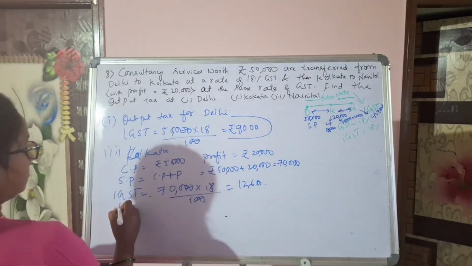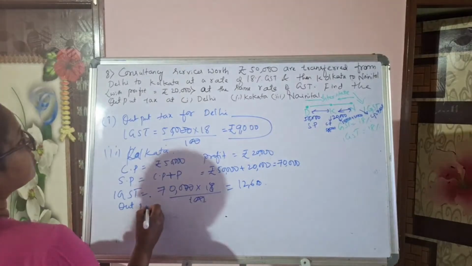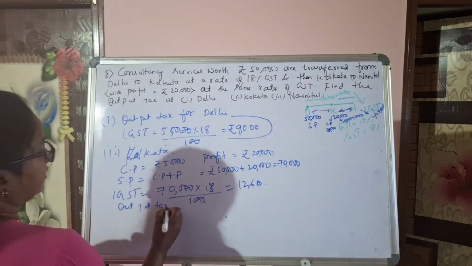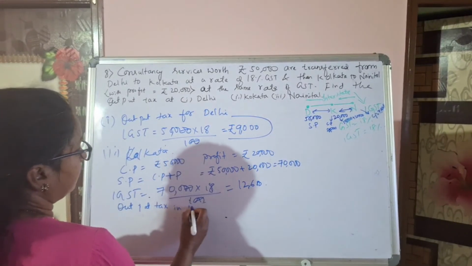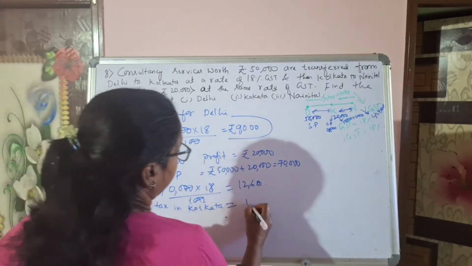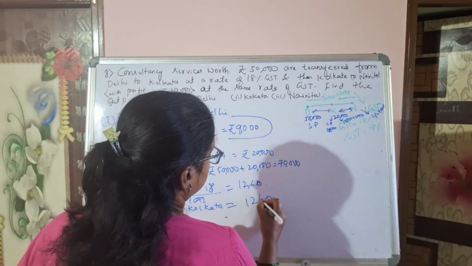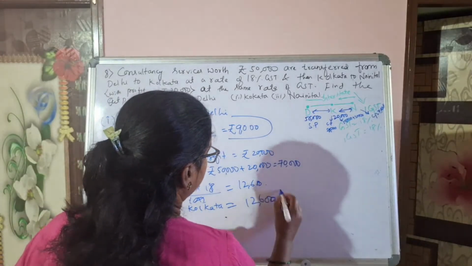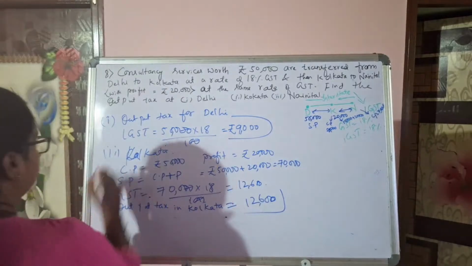Hence, output tax in Kolkata is equal to 12,600. So this is the answer for question number 2.